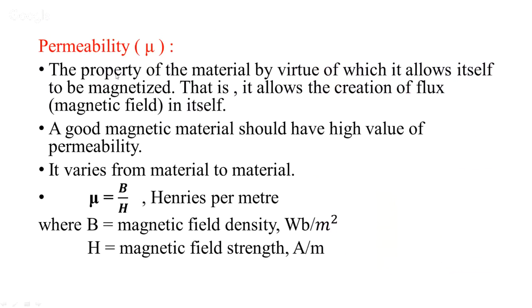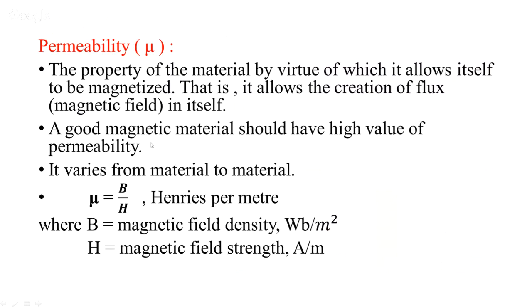The property of the material by virtue of which it allows itself to be magnetized. That is, it allows the creation of flux in itself. So it allows the existence of magnetic flux inside itself.